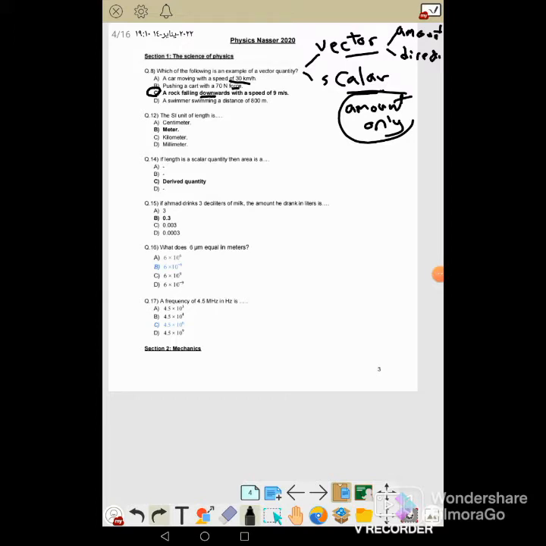SI unit, length. SI units or fundamental units are 7 units.